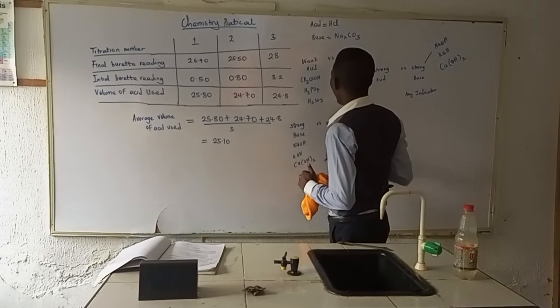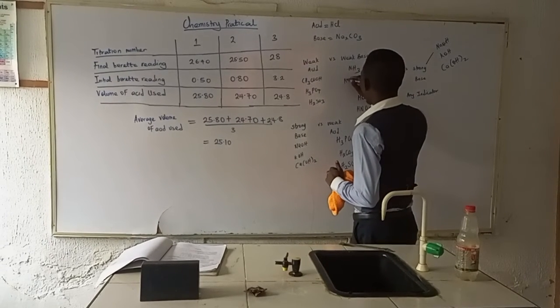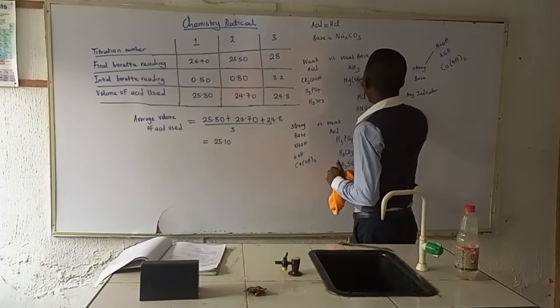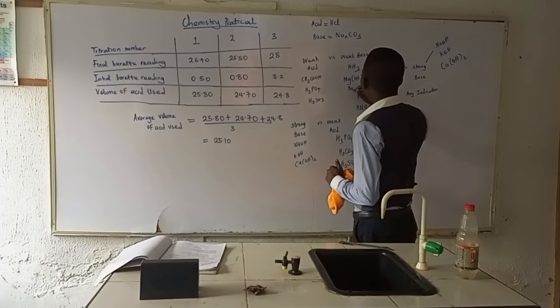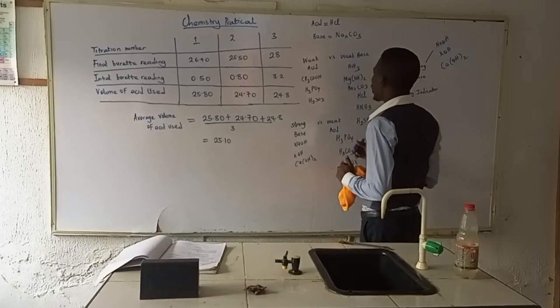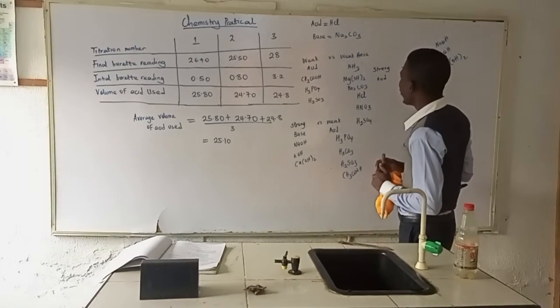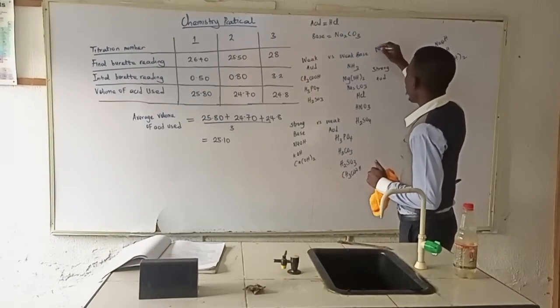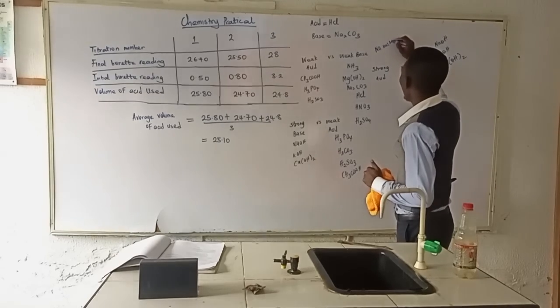Ammonia happens to be a weak base. When you have a reaction like this, magnesium hydroxide is a weak base, Na2CO3 is a weak base. When you have a reaction between a weak acid and a weak base, there is no suitable indicator.